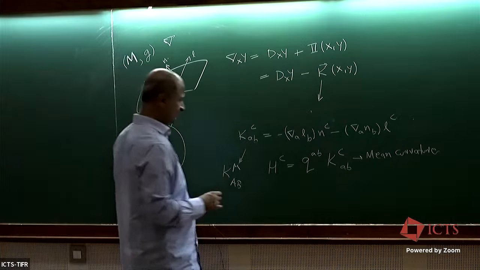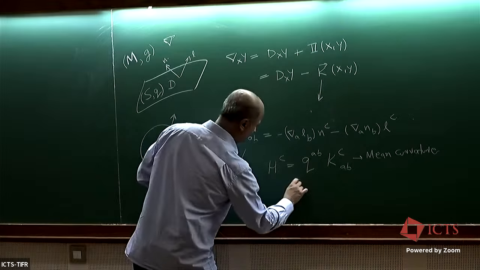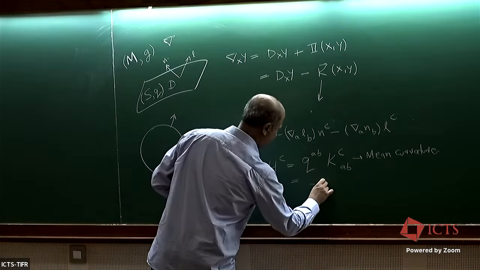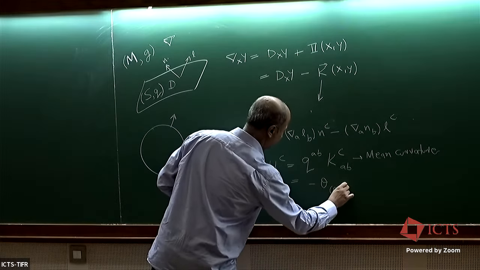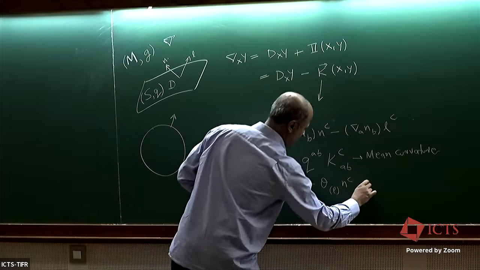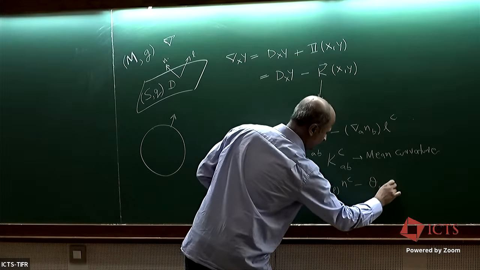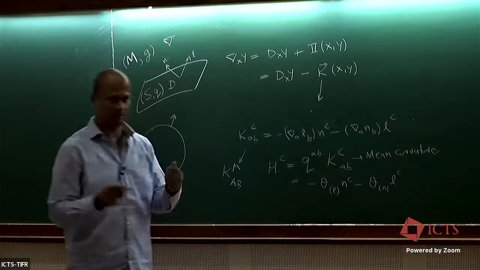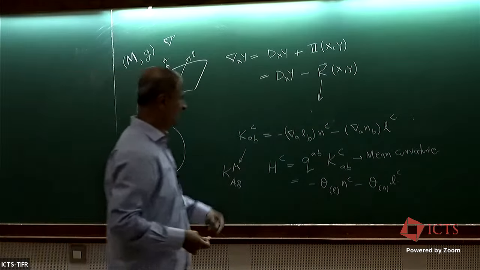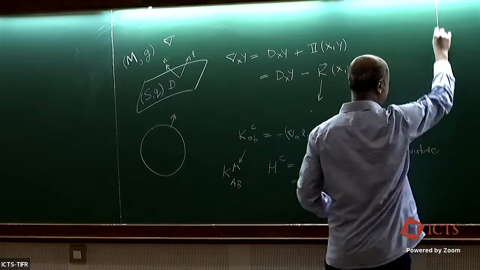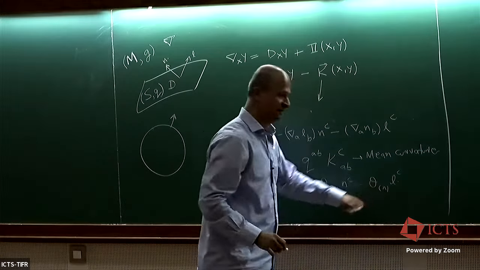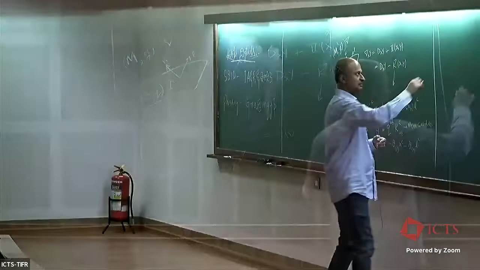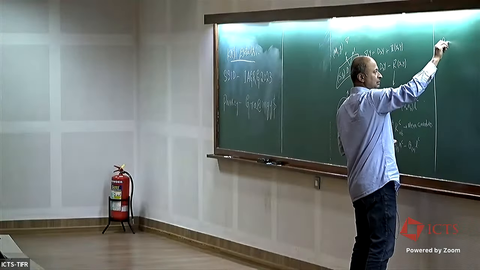And once you write it in this form, then it's clear that this is of the form of minus theta of L times n minus theta of n times L, where these thetas are the null expansions. So theta of L is the expansion of the vector L, and theta n the expansion of the vector. Right? So then theta L.